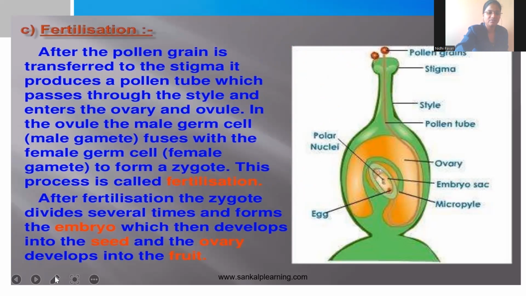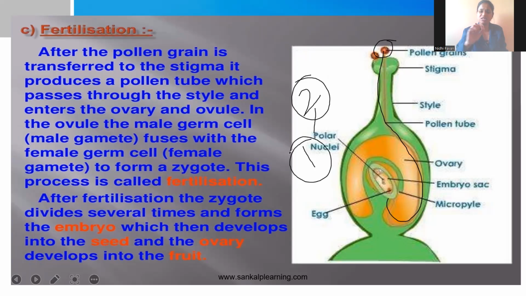So I will repeat it once again. Look here. One pollen tube will be there. When it germinates and forms the pollen tube, inside it there will be many male germ cells. Let us consider two male germ cells. Among the two, one male germ cell or sperm combines with the ova, or egg of a female.